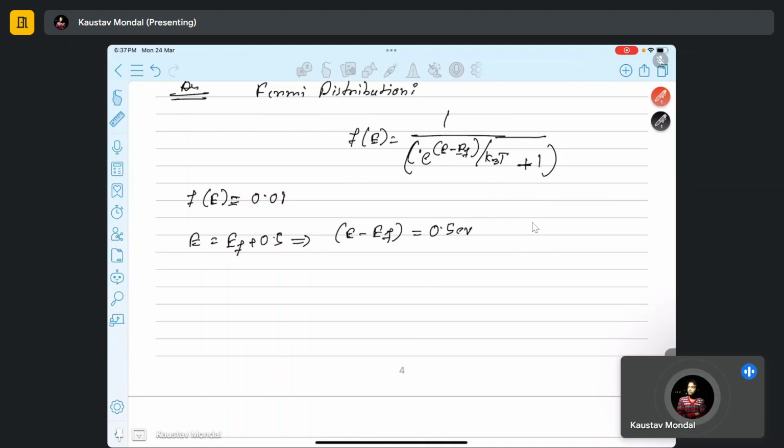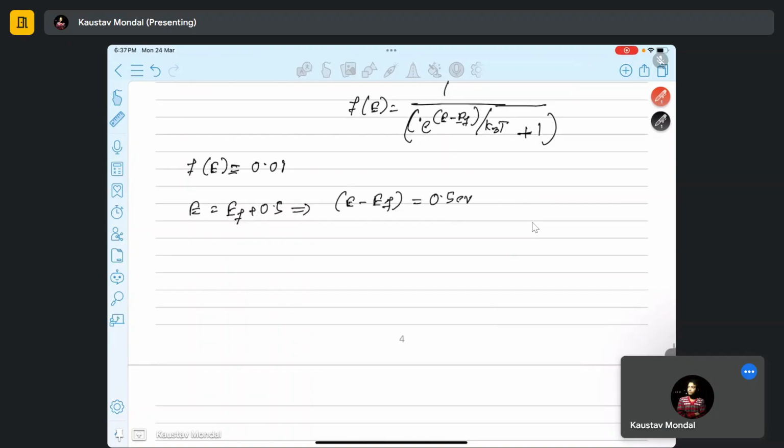So if we convert it, previously kB was 1.38 into 10 to the power minus 23 joule per Kelvin, right? Now we already know that 1 electron volt is equal to 1.6 into 10 to the power minus 19 joule.